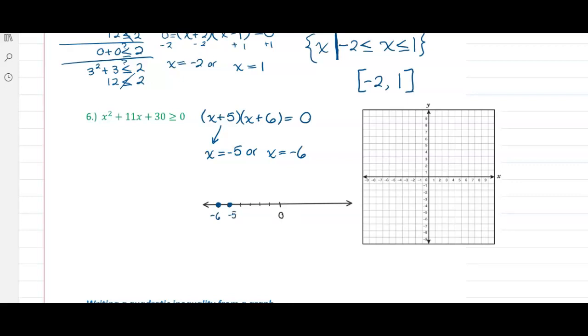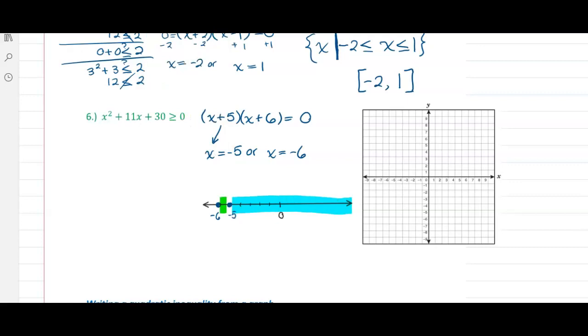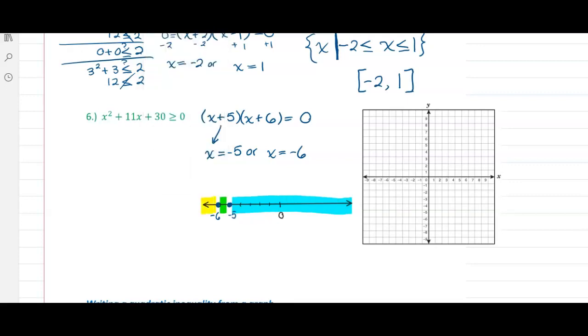Now, it's hard to see, but I do have 3 pieces of my number line still. I have the blue piece on the right, I have the green piece in the middle, and I have this yellow piece to the left. I need to pick points on each one of those to see if I should keep that piece of the number line or get rid of it.